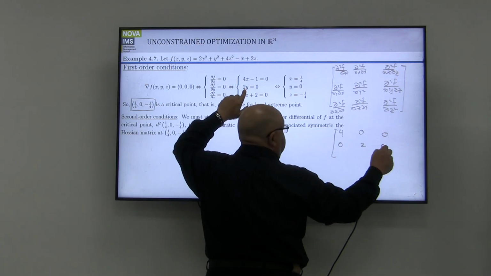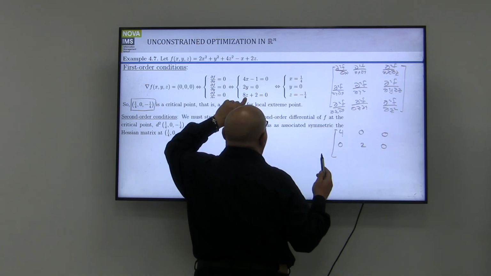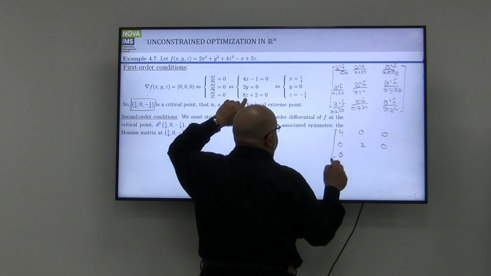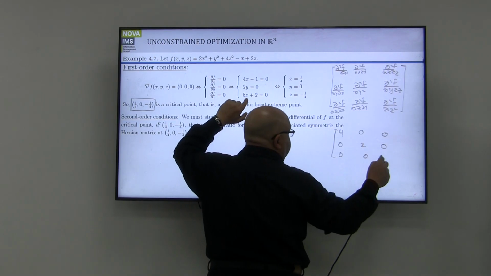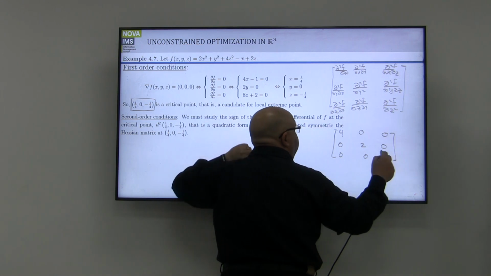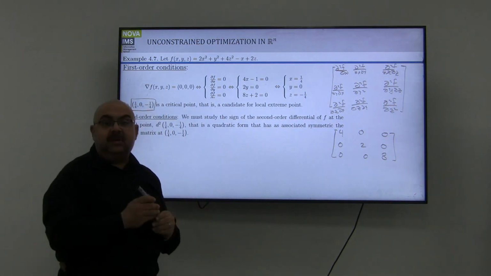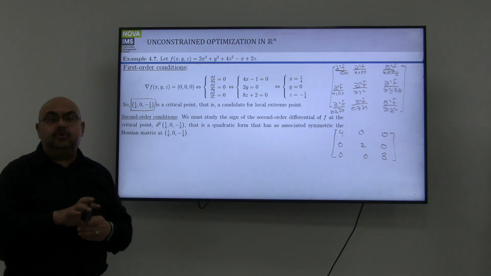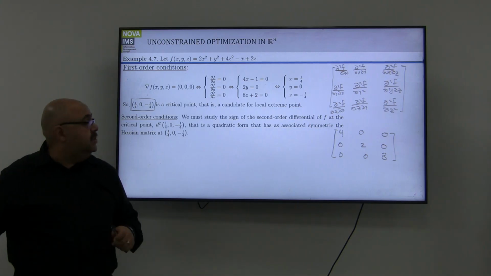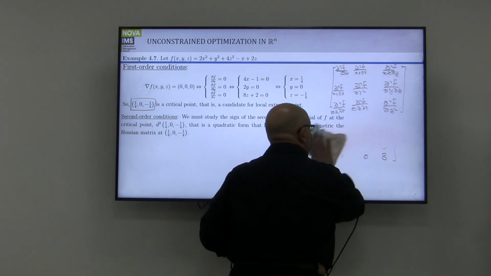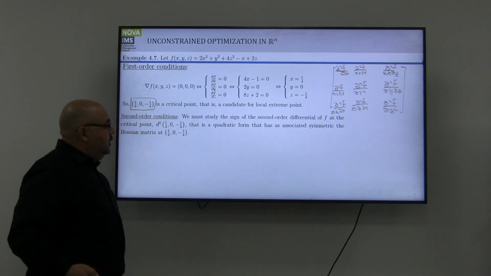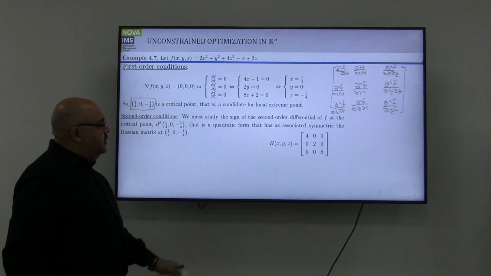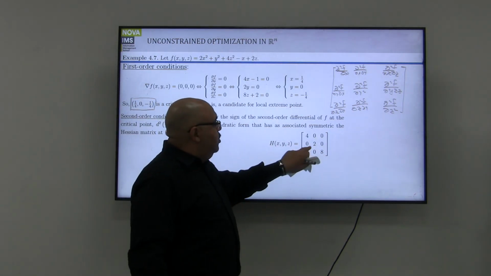With respect to z, it's going to be 0. Differentiating with respect to x is going to be 0, with respect to y is going to be 0, and with respect to z is going to be 8. And that's my Hessian matrix. That's what I am going to do at the next step. So once more, I'm trying to get the second differential, which is going to be, as you can see, 4, 0, 0, 0, 2, 0, 0, 0, 8.